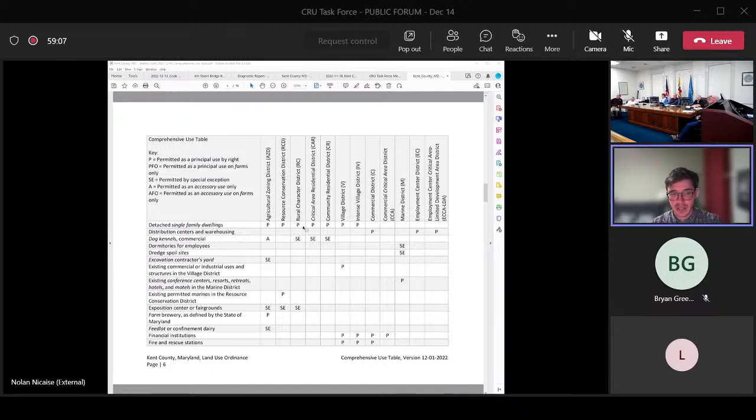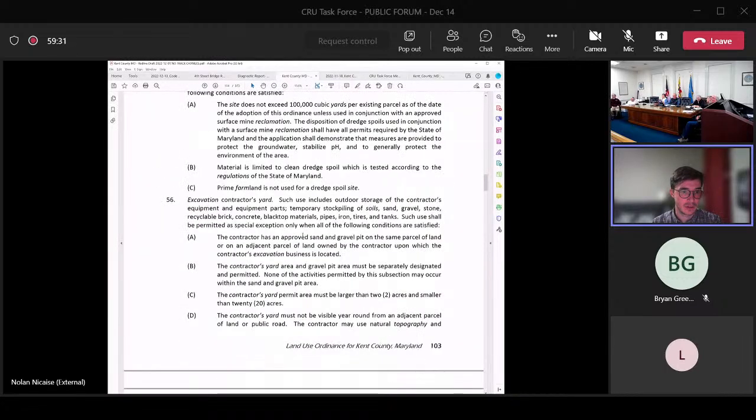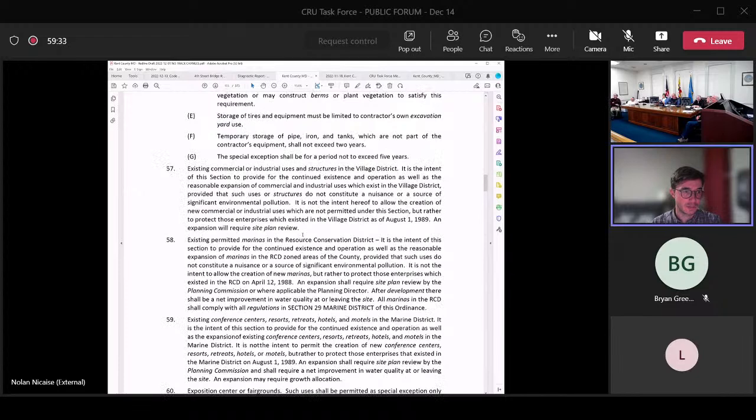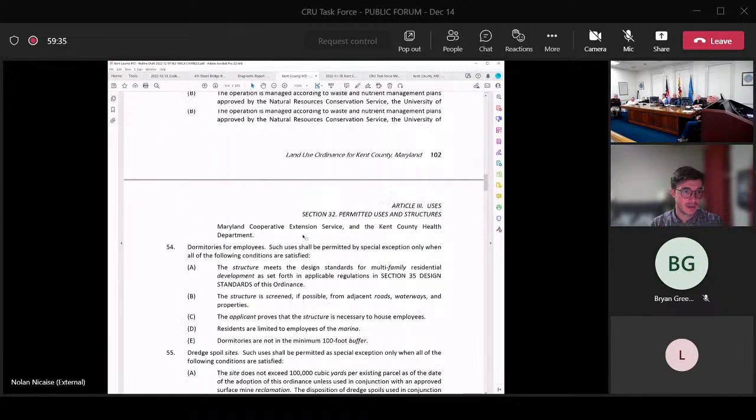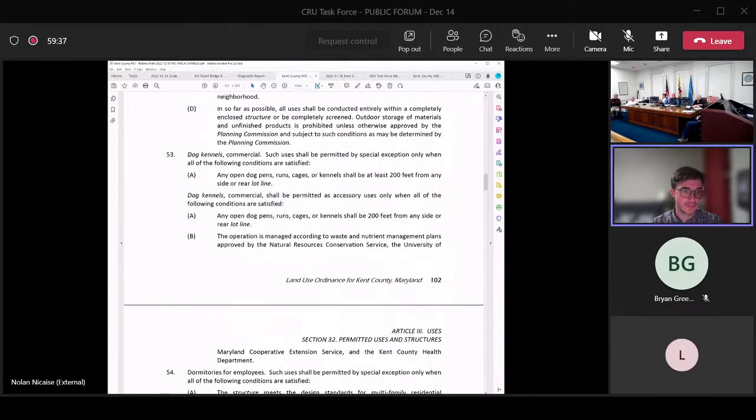I just want to highlight, any of these permitted by right, or any of these uses, period, refer back up to Article 3 uses on page 91. So if you saw, for example, dog kennels, you could go back up to dog kennels in Article 3. This should be in alphabetical order. And you see dog kennels, commercial.